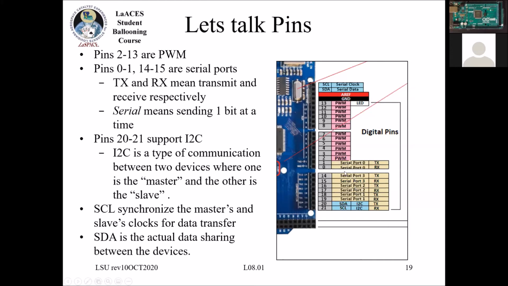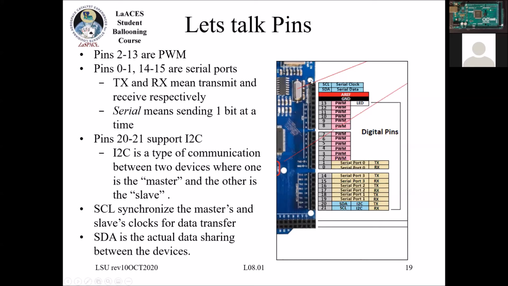It's important to note that serial 0 is also the same thing that is on the USB, and when you call that within the programming, it'll just be Serial. So I was actually using this serial 0 port in the earlier programming activity, whereas these ones will be serial 1, serial 2, serial 3.